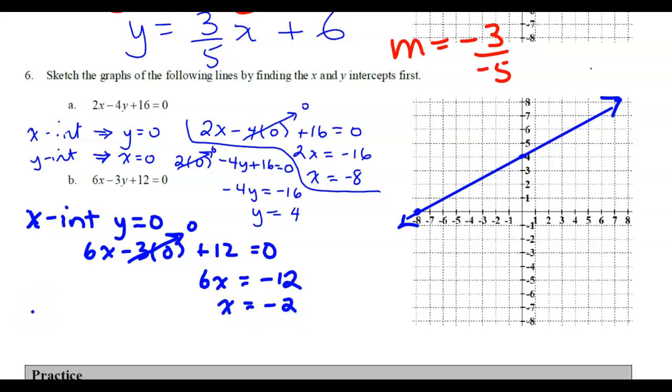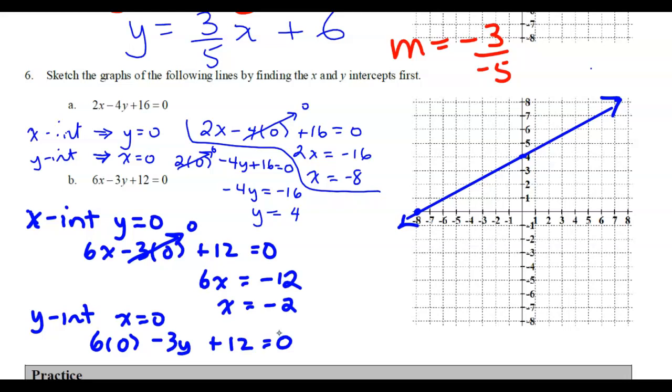Then your y-intercept is when x equals 0, so 6 times 0 minus 3y plus 12 equals 0. These ones are working out nicely. Sometimes you'll have fractions, and that's when it's harder to graph with x-intercepts, and maybe it would be better to put in slope-intercept form.